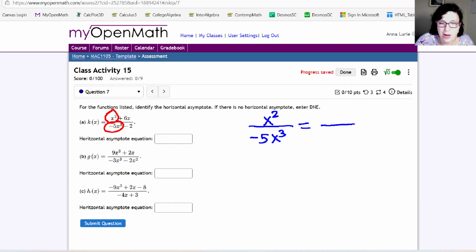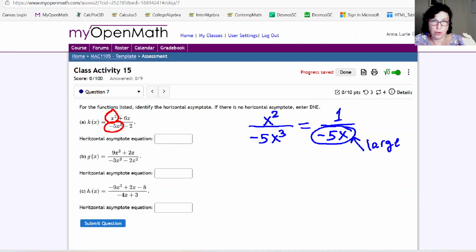In fact, you can simplify this. If you subtract the powers, you're going to see that this is just going to be 1 over -5x. So this is a way to reduce it by canceling x squared on the top and on the bottom. But you can see that the large guy is going to be on the bottom. And when you are dividing by a very large quantity, imagine 1 divided by a million. What is that? Well, it's going to be 0.000001.